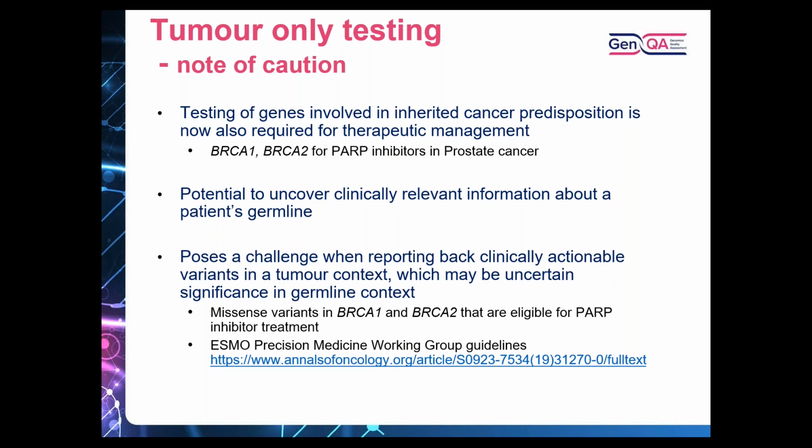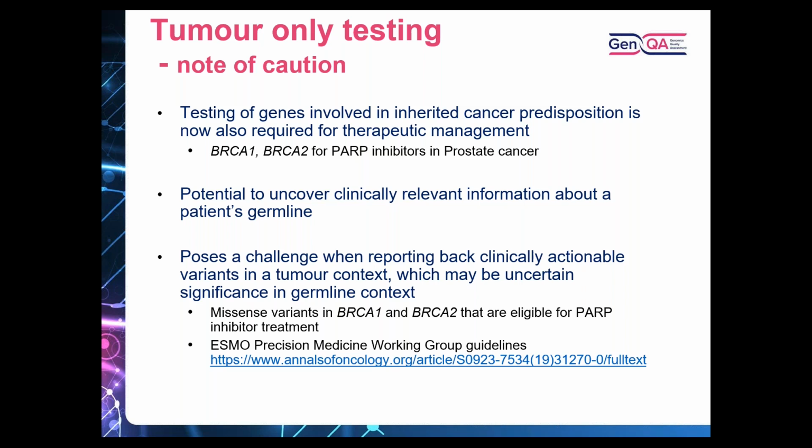The problem with this is that it has the potential to uncover clinically relevant information about a patient's germline. So this poses a challenge when reporting back clinically actionable variants in a tumor context, which may be of uncertain significance in a germline context. So for example, missense variants in BRCA1, BRCA2 that are eligible for PARP inhibitor treatment, but what do they actually mean within the inherited setting, and how does this information need to be relayed back?